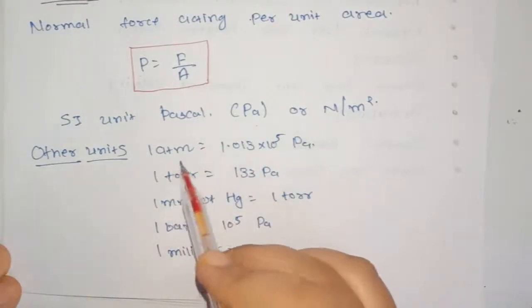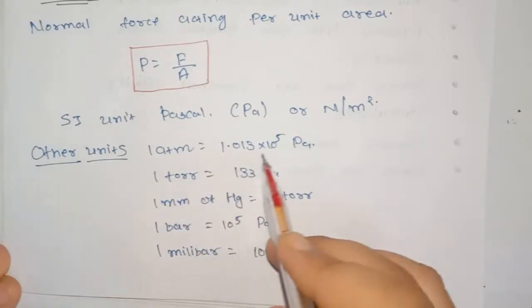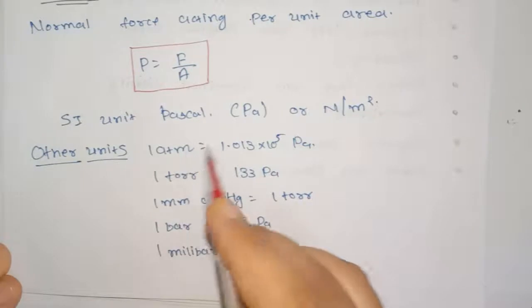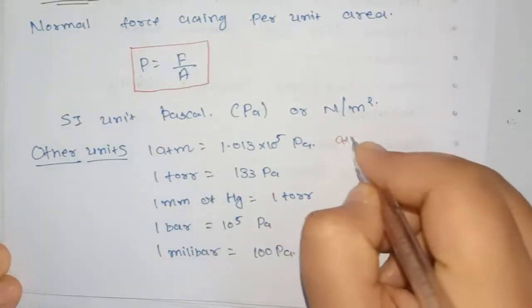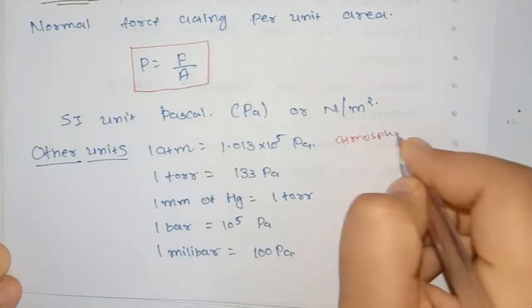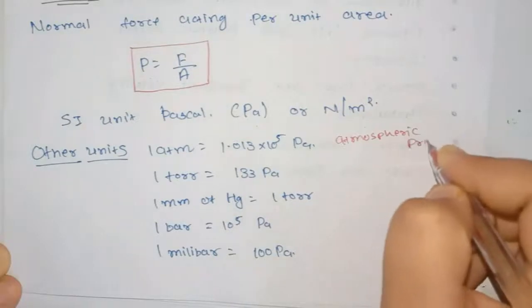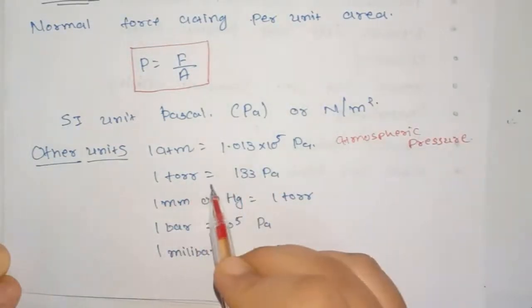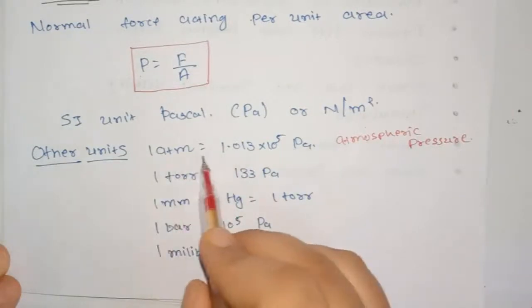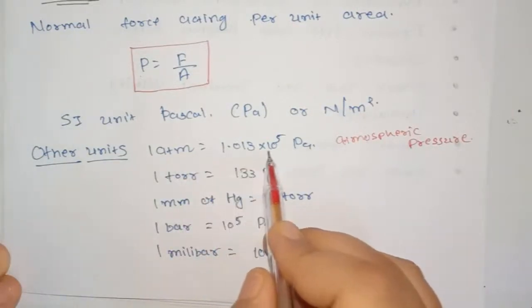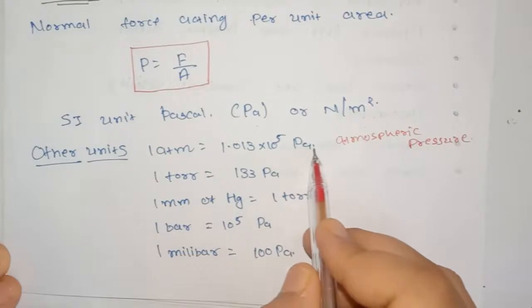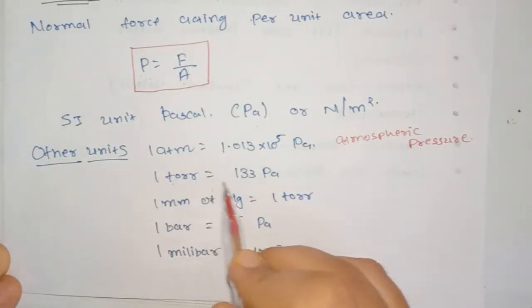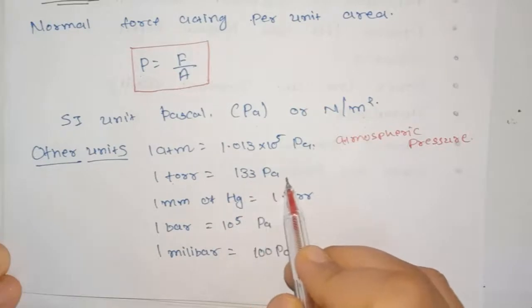The other very useful units of pressure are atmospheric pressure. This ATM is atmospheric pressure. One ATM is equal to 1.013 into 10 power 5 Pascal. The another unit is torr. 1 torr is equal to 133 Pascal.